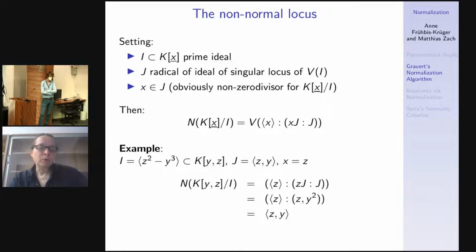So let's first compute the quotient of Z times J, quotient with J. That is an ideal quotient you could even just do by hand, and you get the ideal generated by Z and by Y squared. And now do the other ideal quotient, and you get the ideal generated by Z and Y. Notice that those ideal quotients are all done in the polynomial ring modulo I. They are not done in the polynomial ring. So they have to be understood as ideal quotients over A, not over the polynomial ring.